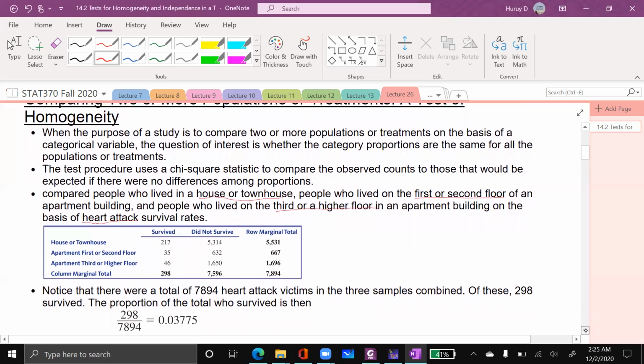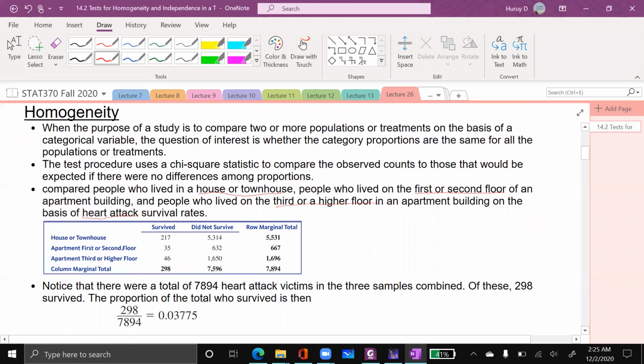And the data that we have, the counts, we put it this way. For example, from those who live in a house or a townhouse, in total we have these 5,531 individuals who live in a house or townhouse and had a heart attack. Out of these, 217 survived, and the remaining 5,314 didn't. In an apartment on the first or second floor, in total we have 667 in our sample.